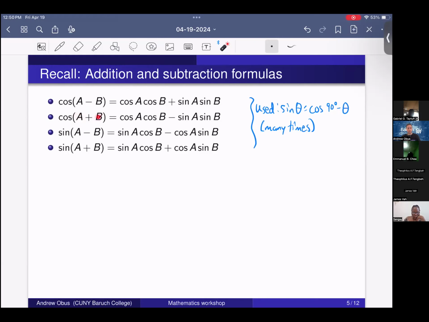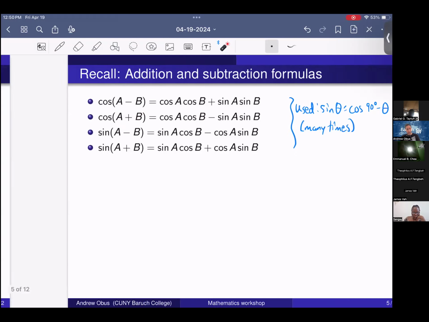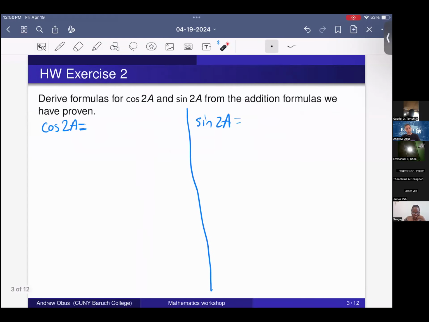These are just variables, right? We can set them equal to anything that we want. So if we look at cosine of a plus a, we can use this formula. Everywhere where we see a b, we substitute an a. So cosine of 2a is equal to cosine of a plus a, that's the same thing as 2a.